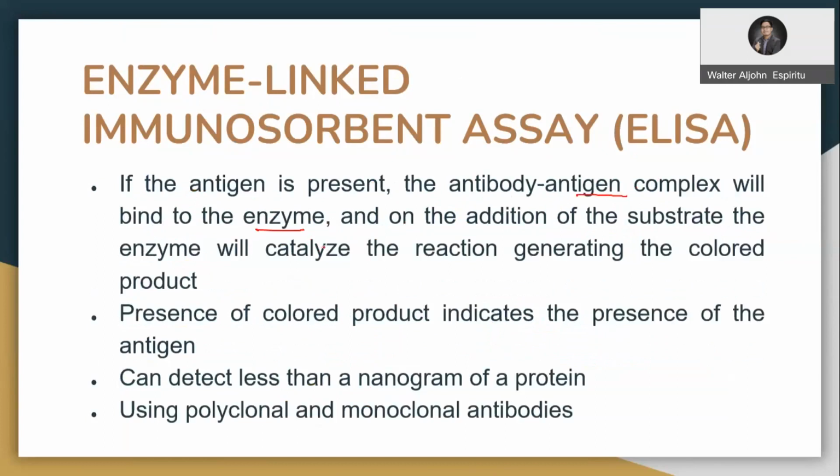So later we will have an illustration for this. The presence of a colored product indicates the presence of the antigen. Though it is indirect, when the color is observed, therefore the antigen is present. It can detect less than a nanogram of a certain protein, so it's highly specific and technically very sensitive.